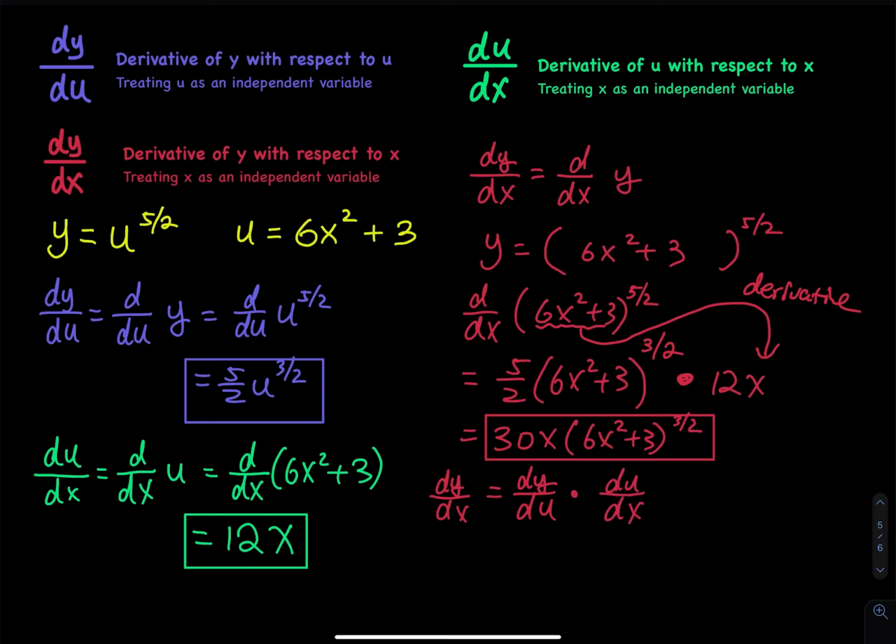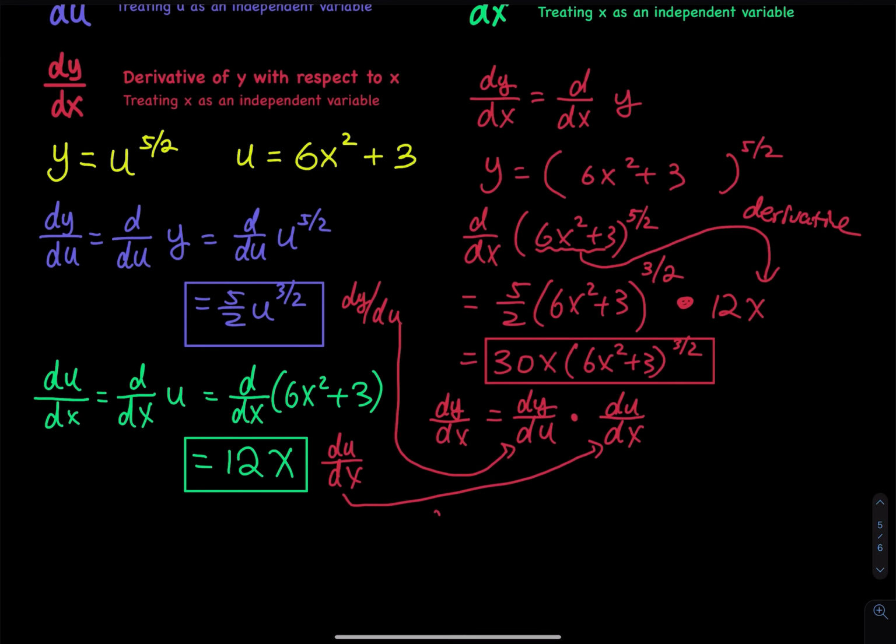What is dy/du? dy/du is right over here, and this one is du/dx. So why don't you just do the plug-in? So what do you get? You have dy/dx equals dy/du, which is in purple, 5/2 u raised to 3/2, and then du/dx, which is equal to 12x.